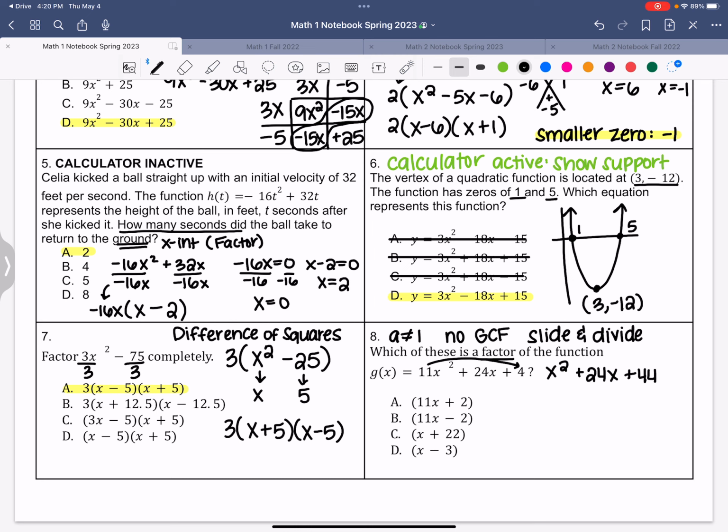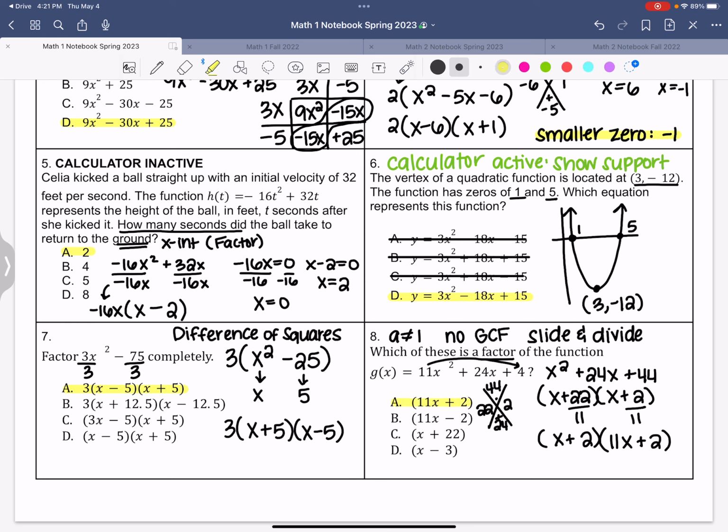Then use the x chart. So that would be 22 times 2 and 22 plus 2. And don't forget to divide. Simplify. 22 divided by 11 is 2. The other one we can't simplify, so it's 11x plus 2. So the factor that matches here is 11x plus 2.